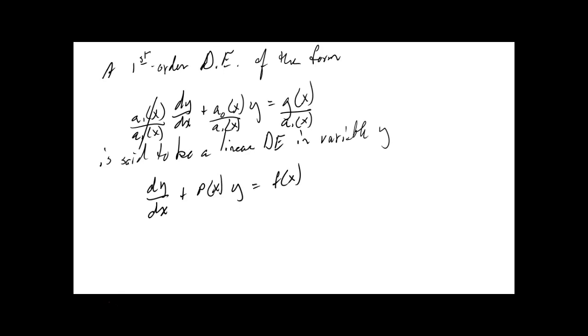Okay, here is one sample that could be. dy/dx plus 2xy is equal to 0. Hey, this is linear. P of x is 2x, y is y, and f of x is 0. That's a linear function in y, but it easily can be solved because of that 0 there.